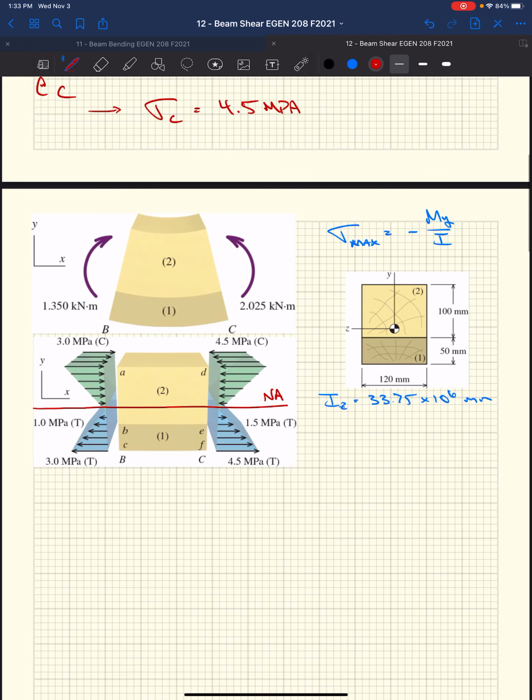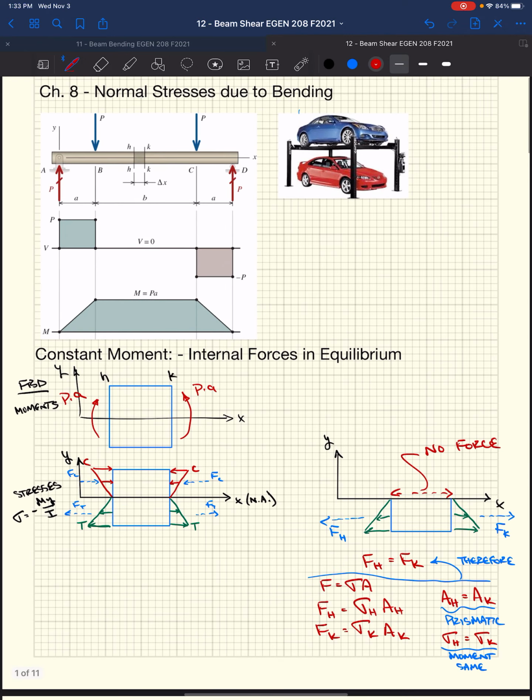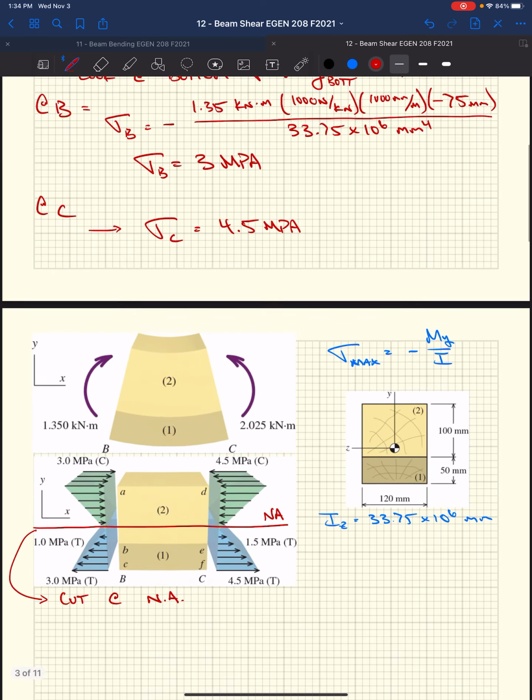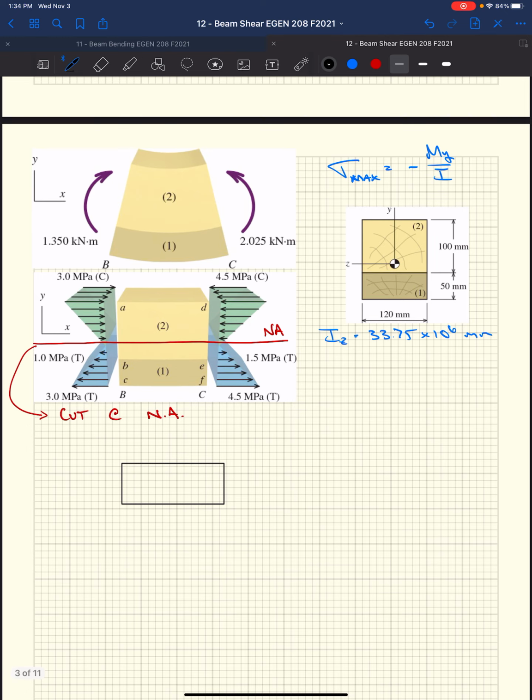So now we want to do what we did before, right? I'm going to cut our little sliver of beam at our neutral axis and look at the forces, ensure we have equilibrium. So I'm going to cut this cross section, doing something like this, trying to make it look like a 3D element.